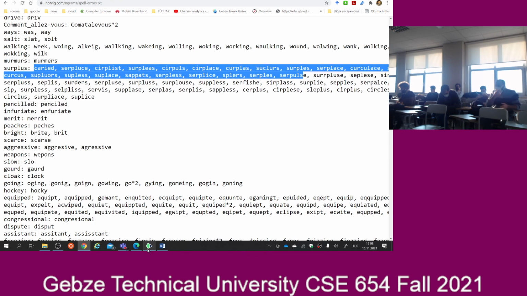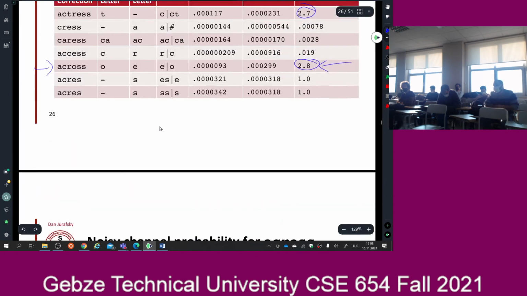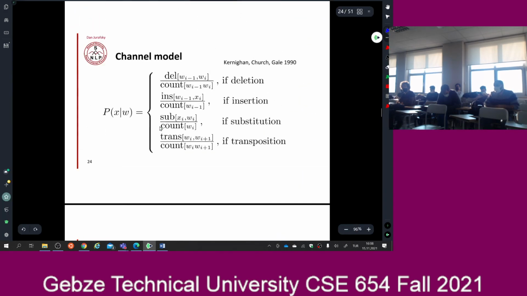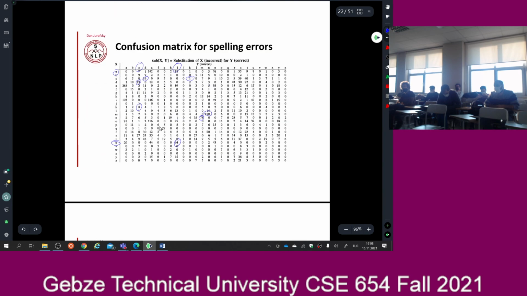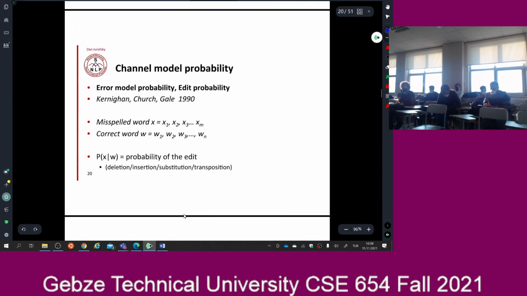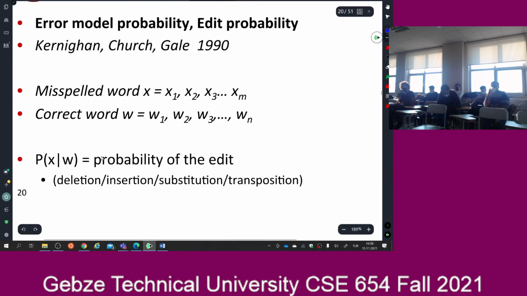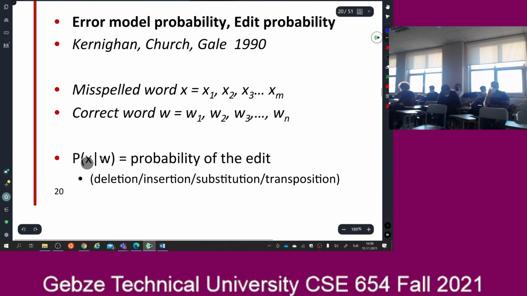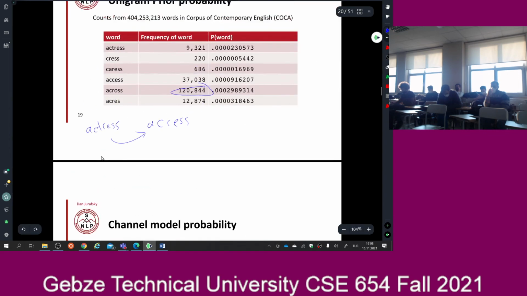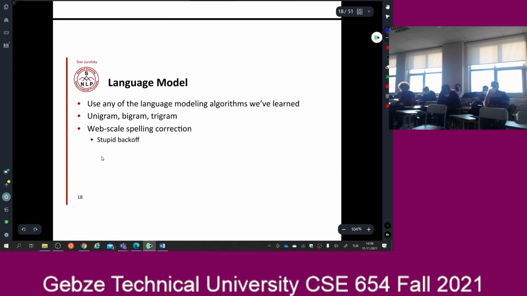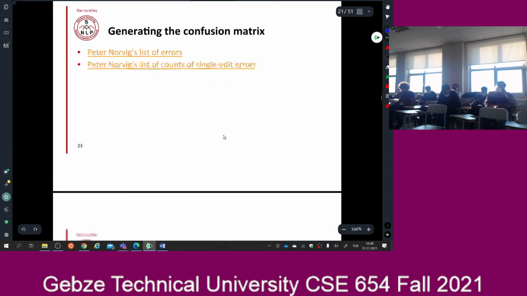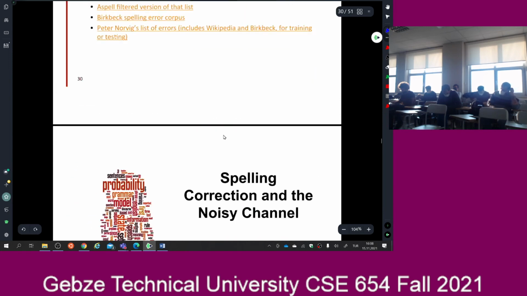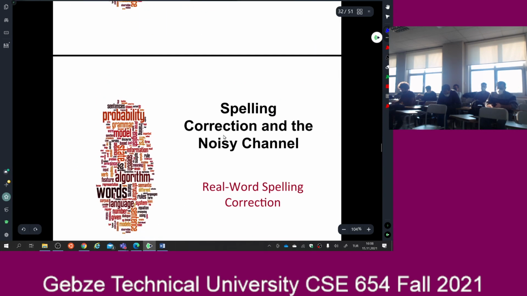And that's where you get those tables. And with these tables, it is possible to calculate these kinds of probabilities: given the word, what is the probability that I am mistyping it this way? The other way of doing things, given the misspelled word, what is the probability of having this correct word, is not that easy to calculate, just like the doctor's example. Okay, good. So noisy channel.